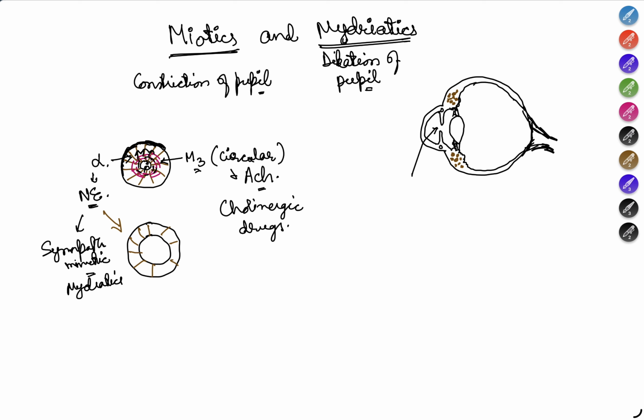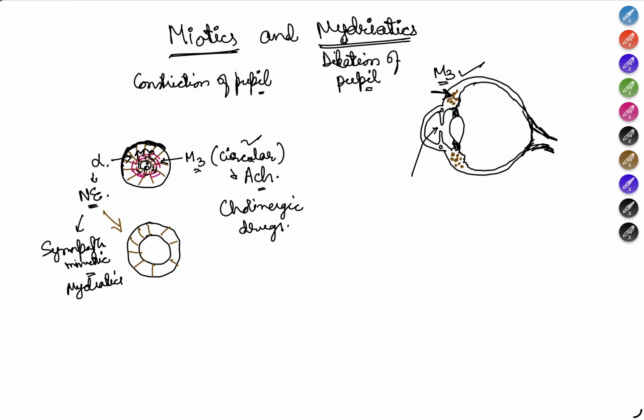Not only this, there is one very important component in addition to these, that is the receptors present on the ciliary muscle. This ciliary muscle also has M3 receptors. So M3 receptors are present not only on the circular muscle but also on the ciliary muscle, which is present just around the lens.